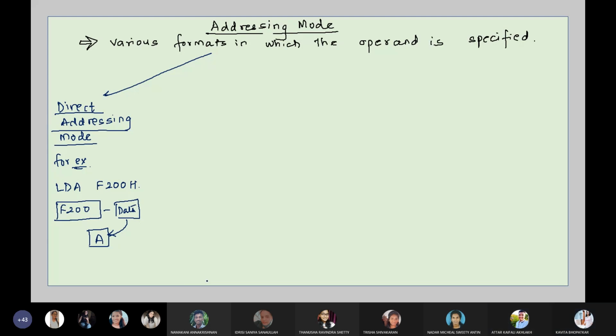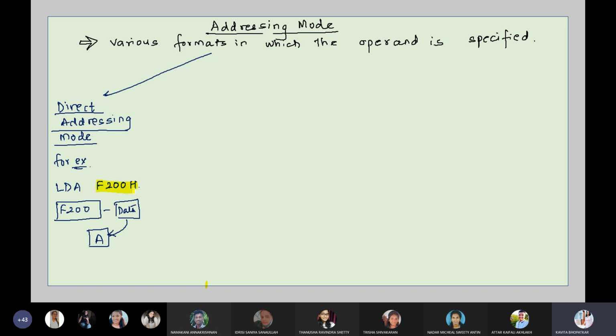Yes, once again say the definition of direct. Yes, I will tell you. In direct addressing mode, generally what happens is when the address appears after the opcode of the instruction, in the operand, this is the place of the operand.